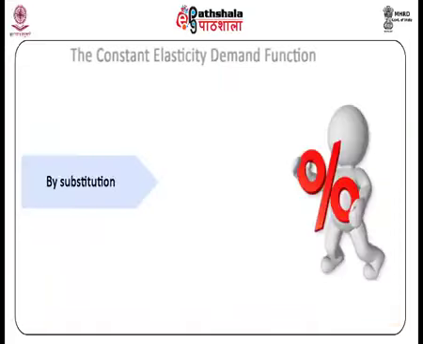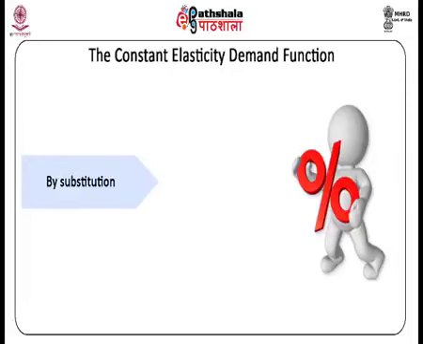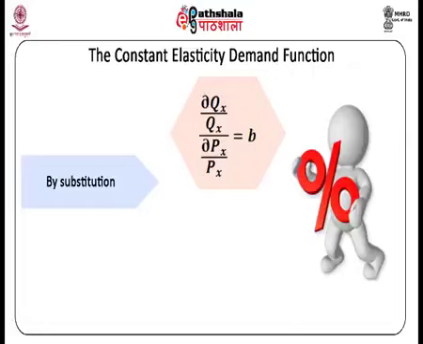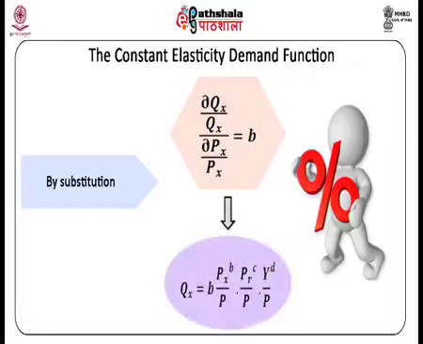By substituting equation 2 in equation 1, we get (delta Qx / Qx) divided by (delta Px / Px) equals B, or this can be written as Qx = A * (Px/P)^B * (PR/P)^C * (Y/P)^D, where P is the general price level.